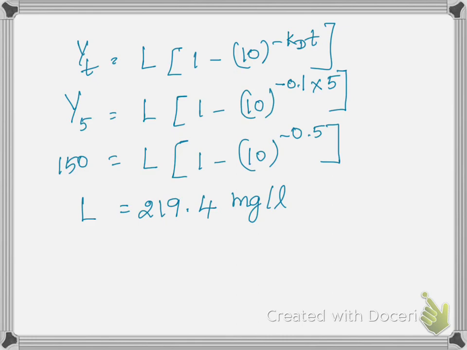Next we are going to have another task, which is to get our deoxygenation constant at 15 degrees Celsius, because what we have determined is for 20 degrees Celsius. So we have to get our KD value for 15 degrees Celsius. Why do we have to get this value?